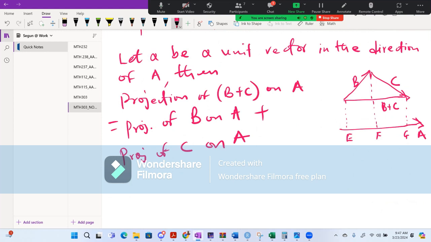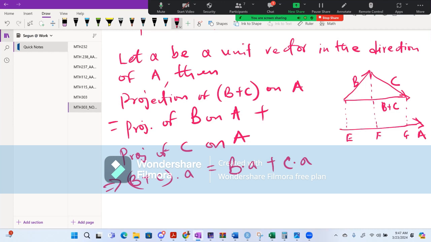Then on small a, we can now say (B plus C) dot a equals B dot a plus C dot a. We are talking about small a now, on a projection. When you multiply through by capital A, what happened?